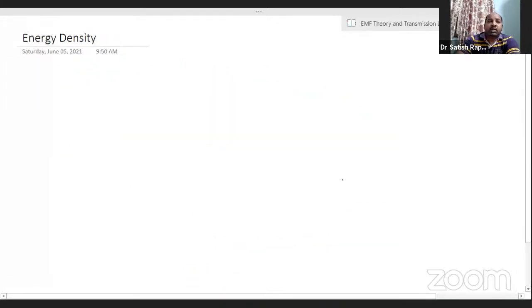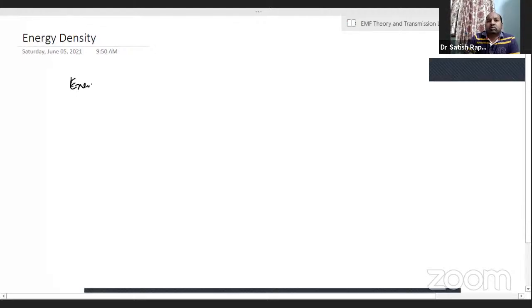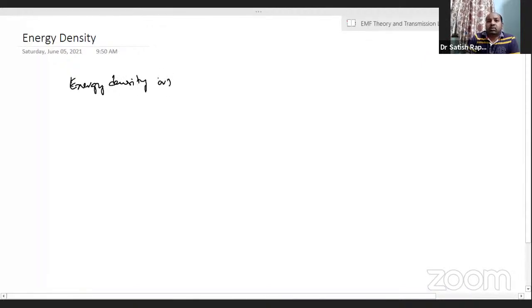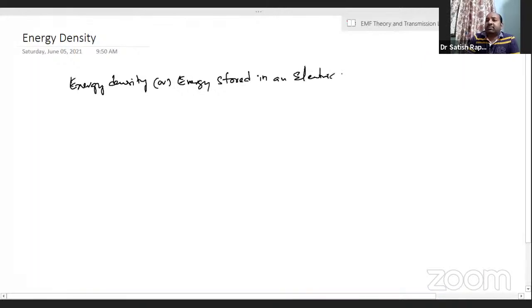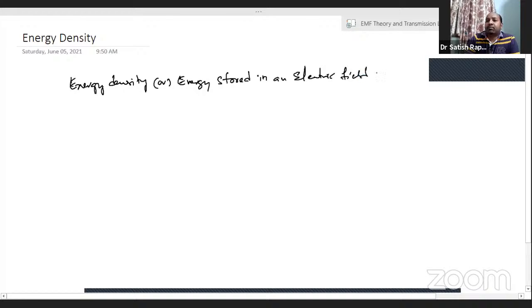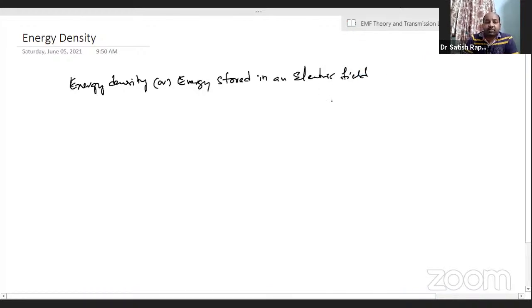So today we are going to see another very important topic called energy density, or energy stored in an electric field.